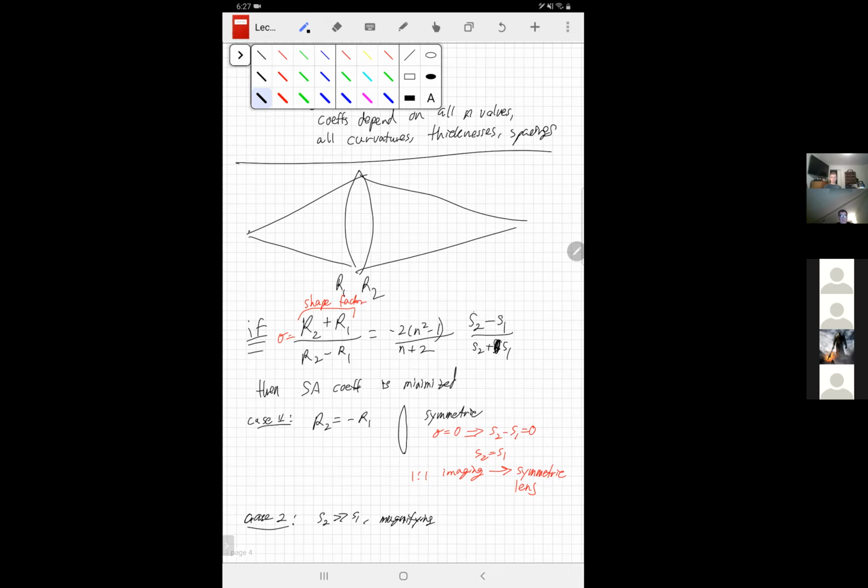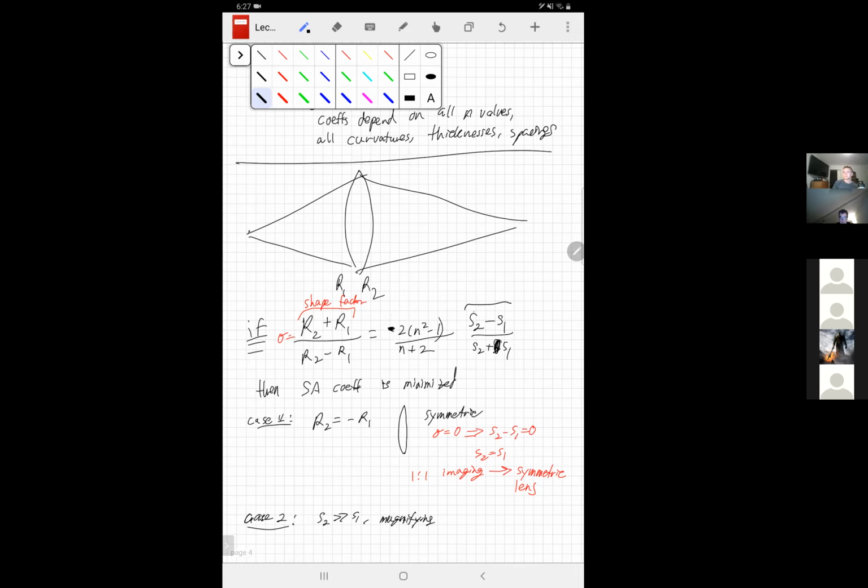Let's vote on it. Just put plus or minus into the chat. Everyone's saying positive. Let's see here.